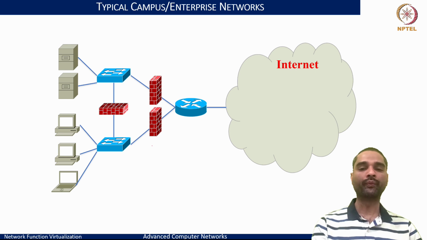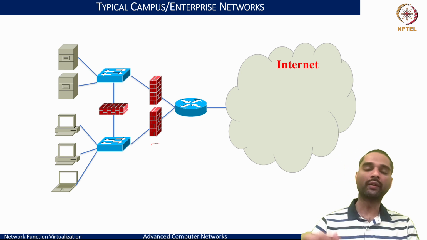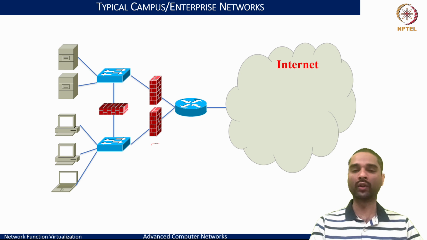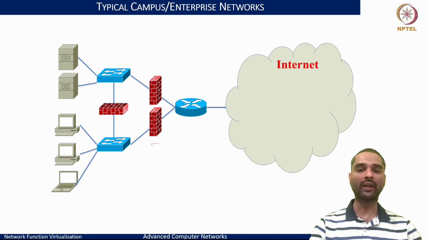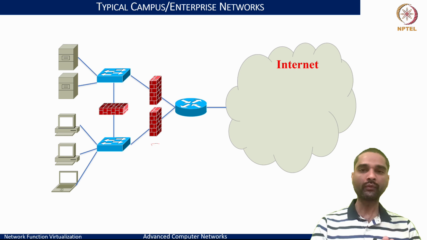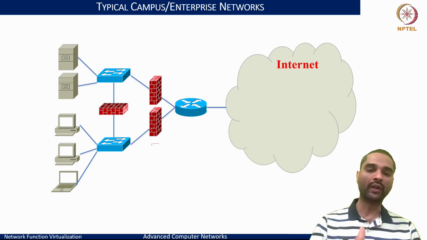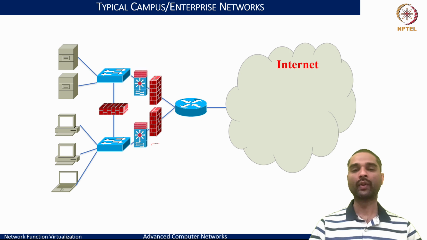Likewise, from outside on the internet, the other end would not know where the NAT device would reside or what firewalls are residing within this network. So these firewalls are added transparently into the campus or enterprise networks without the awareness of end users on either end.